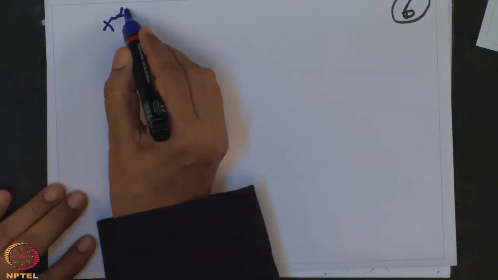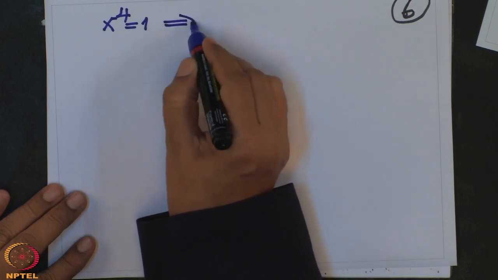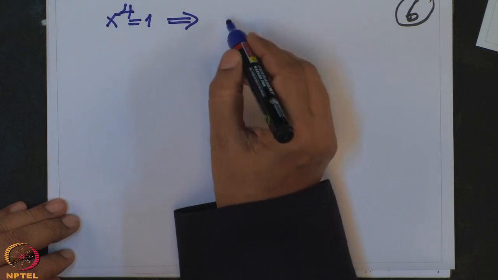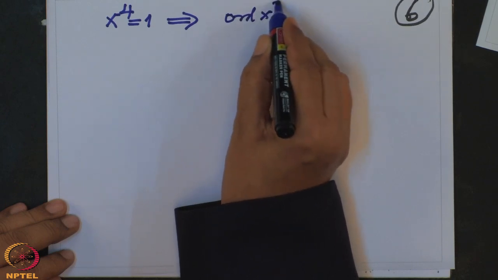Once we have this, the order is 4, so x raised to 4 is 1, but then what will be the order of x square?